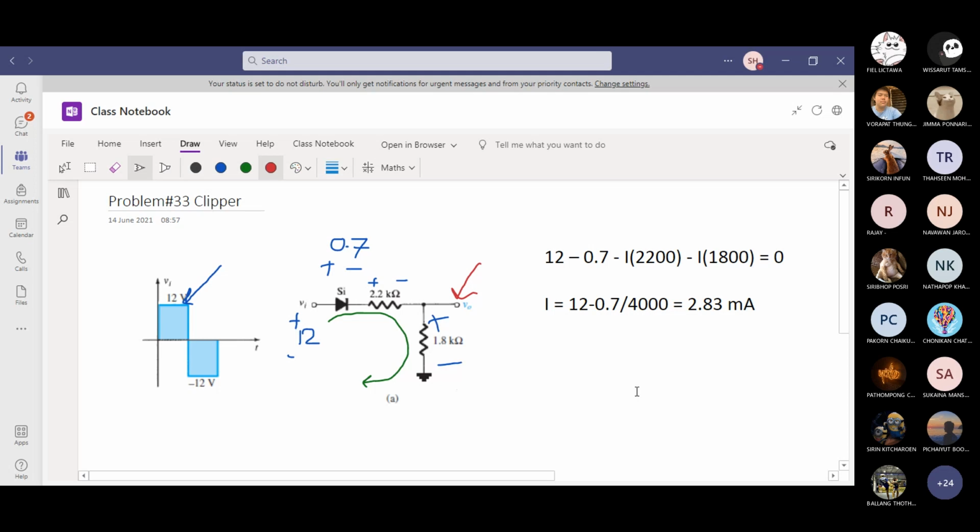Determine the output voltage. And other people, you are welcome to try. If you are done, you can ask me whether or not you should answer for me.